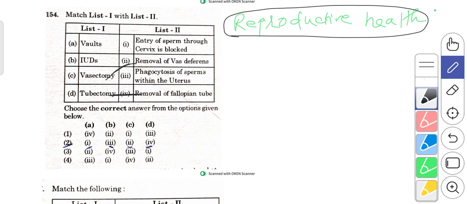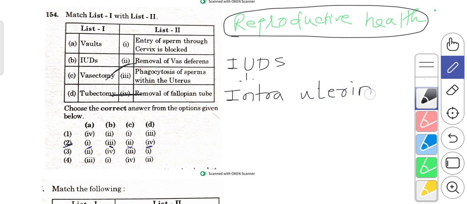They have given this only in the second option. Let's know the other things. IUDs, that is intrauterine devices. Why will these IUDs be implemented in females?